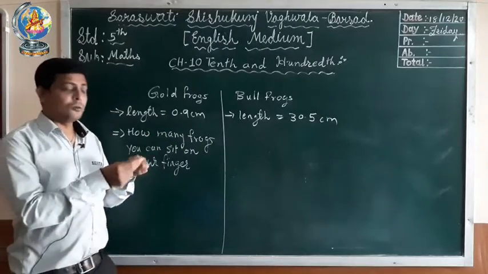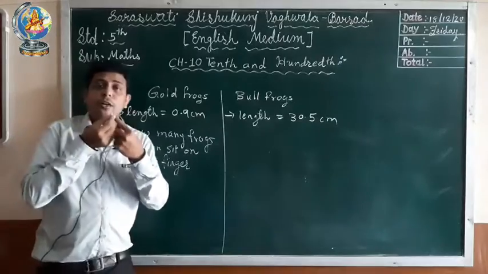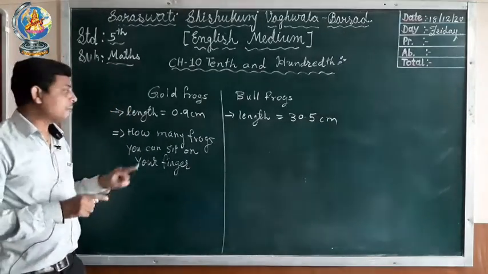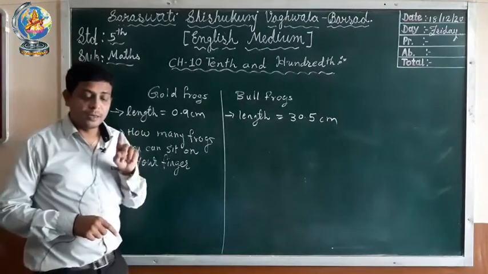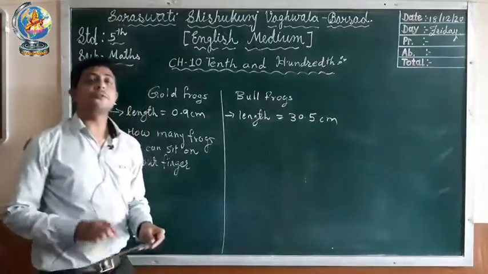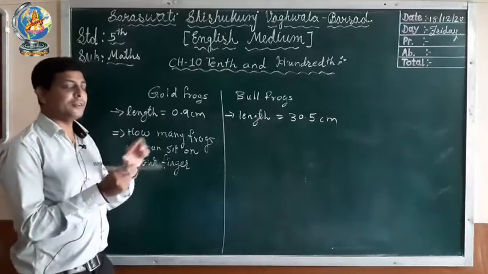As I told you, the bullfrog size is the size of your nail, or 0.9 centimeter. So if you want to find how many bullfrogs can sit on your finger, you have to take a scale and measure your finger first.